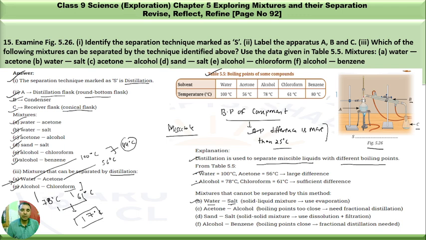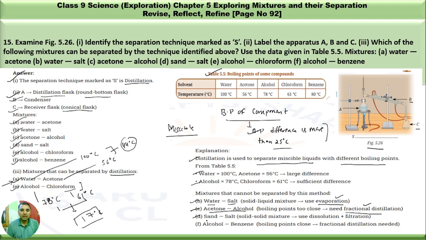If I want to separate this, we have to use the evaporation method. The second one is acetone and alcohol, whose boiling points are too close. Acetone boiling point is 56, alcohol boiling point is 78. The difference is small, so we can use the fractional distillation method.